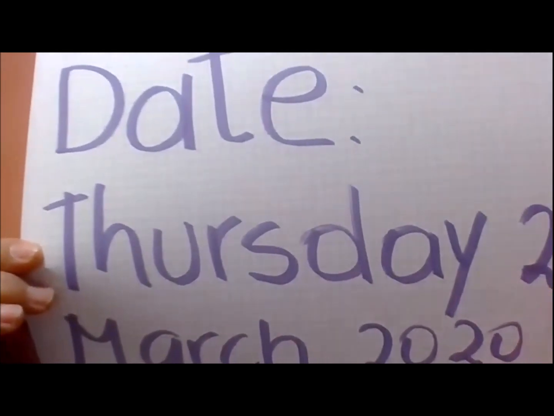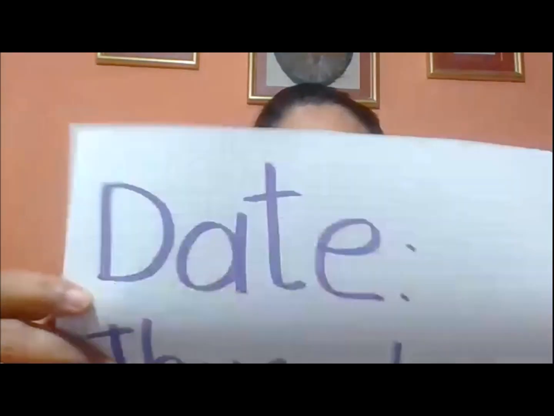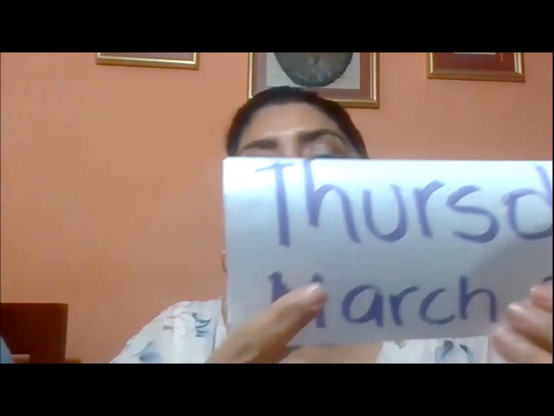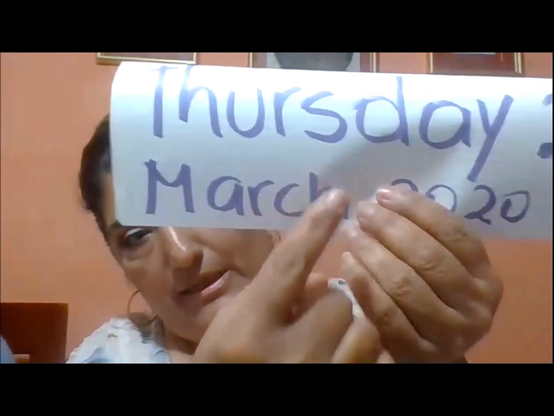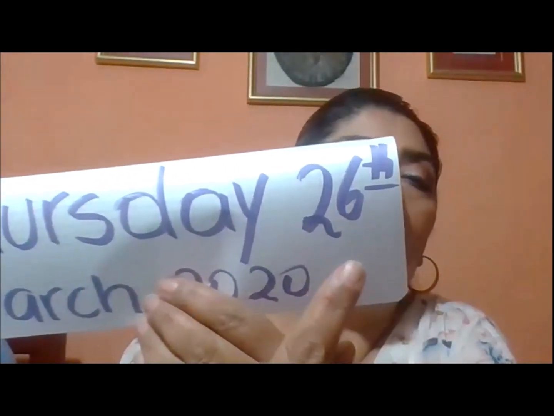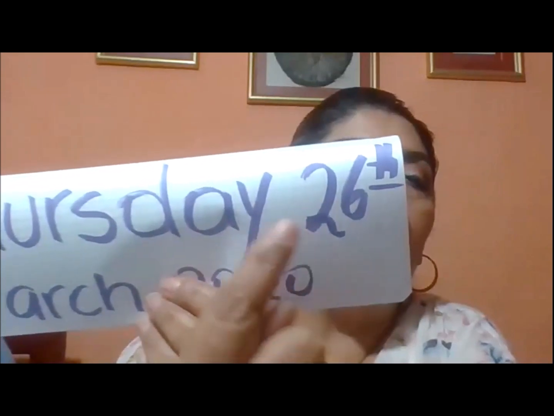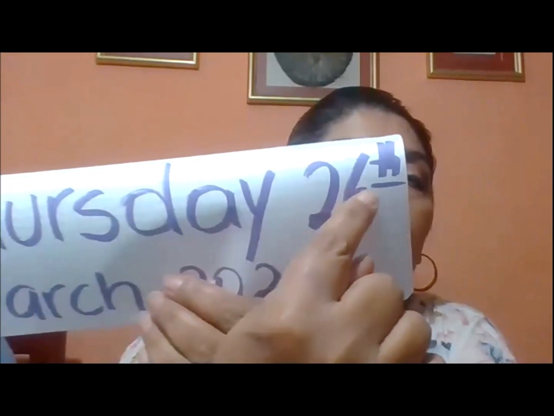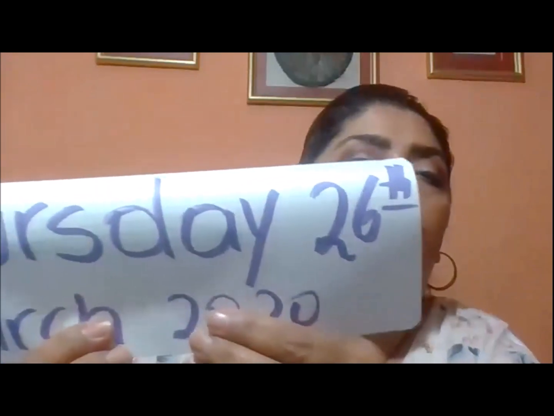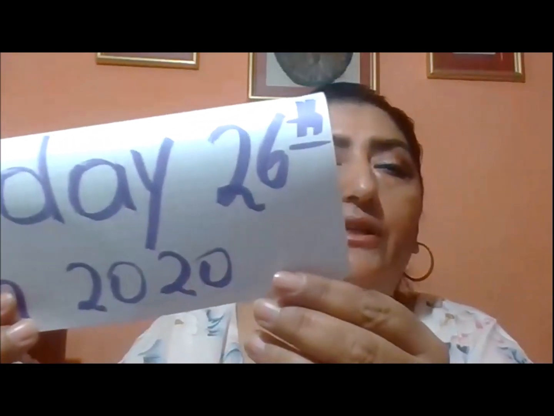Look at the date of today. It is Thursday, 26th. Remember the ordinal number in this part. Look, 26 is not 26, it is 26th, because of that we have the T and H. Thursday is not Tuesday, it's Thursday.